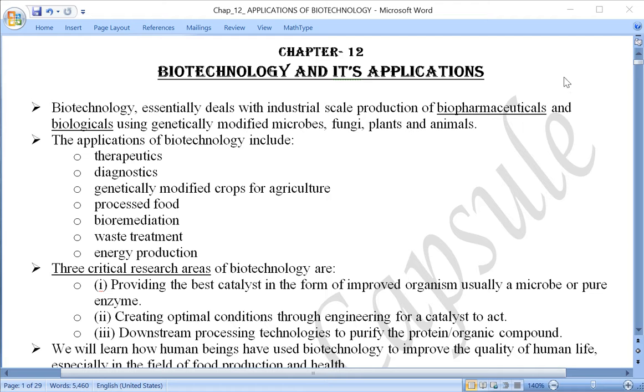In that, first of all, what we have learned there was the principles of biotechnology, as to how a foreign DNA is inserted into a vector DNA, and then it is inserted into an organism which produces a particular product when that particular foreign gene is expressed inside the host cell. Now later on we discussed the three main tools of recombinant DNA technology.